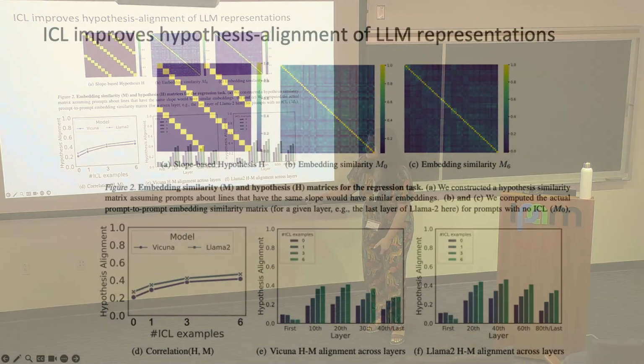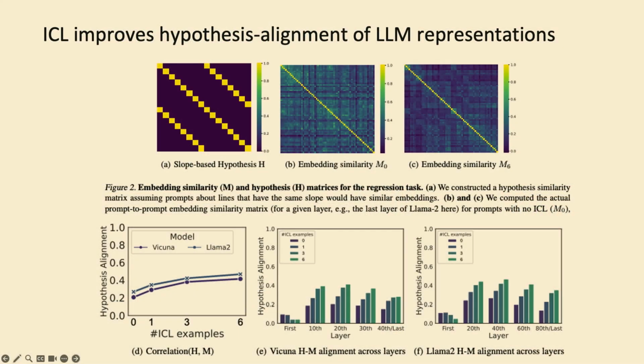So you can see here that this is hypothesis alignment, which is the similarity between the matrix and the hypothesis. You see that the similarity increases both for Vicuña and for Llama as the number of in-context learning examples increases. So this is 1 example, 3 examples, 6 examples.